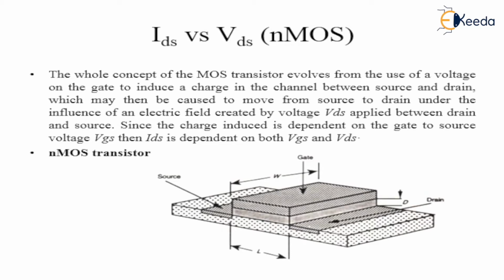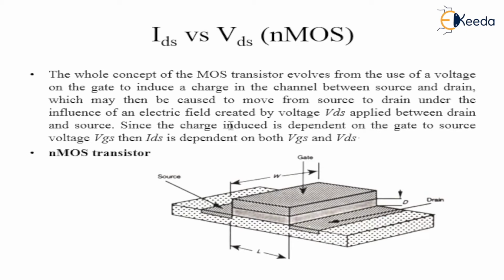So here the MOS concept evolved from the use of voltage on the gate to induce charge in the channel between source and drain, which may then be caused to move from source to drain under the influence of the electric field created by the VDS applied between drain and source.